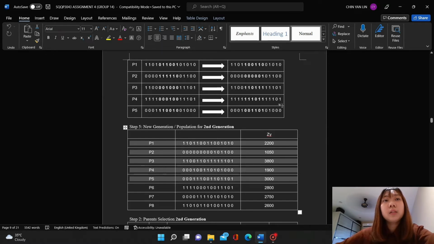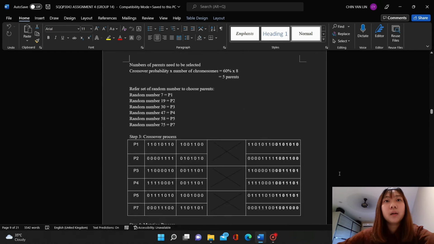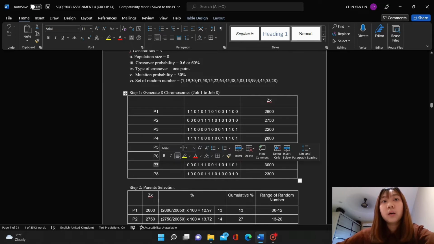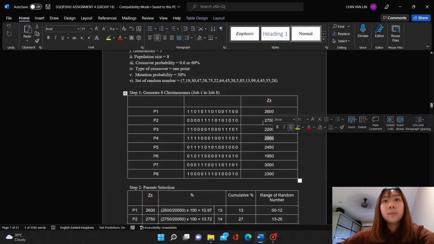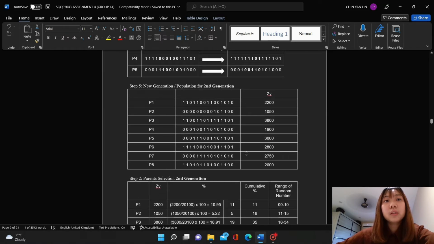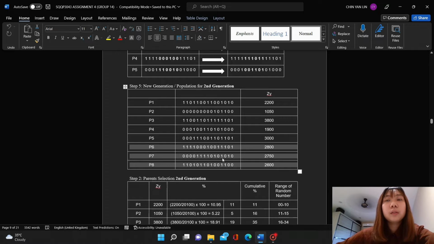Because we just have 5 chromosomes here, the other 3 we need to select from the previous chromosomes. We choose the highest 3, which are P7, P4, and P2, to fulfill the 8 chromosomes here.